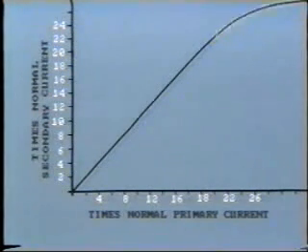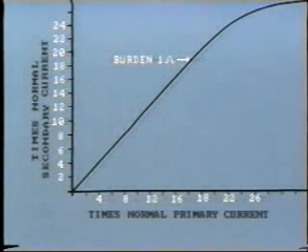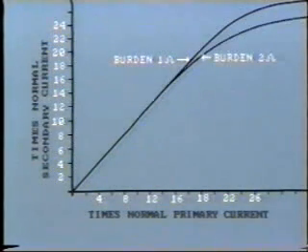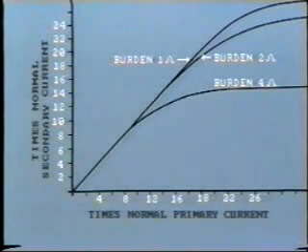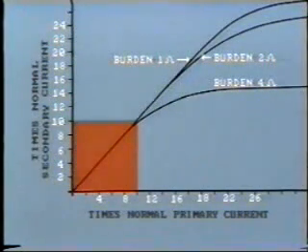In other words, the CT becomes non-linear. This particular curve is for a burden of 1 ohm. But look, as the burden is increased to 2 ohms, and here to 4 ohms, distortion starts earlier. At 4 ohms burden, the CT is accurate only to 10 times rated.